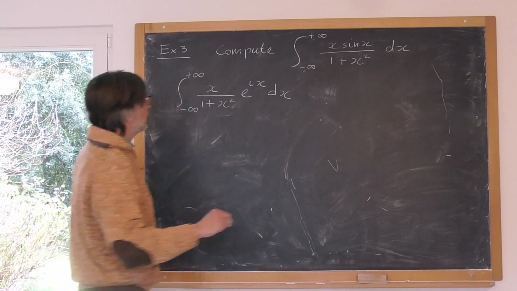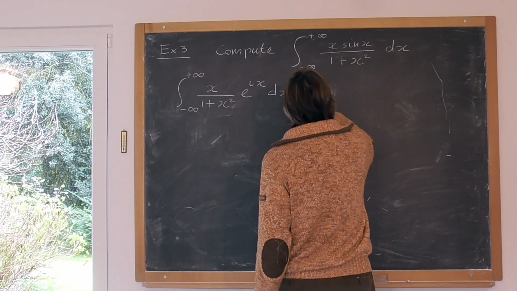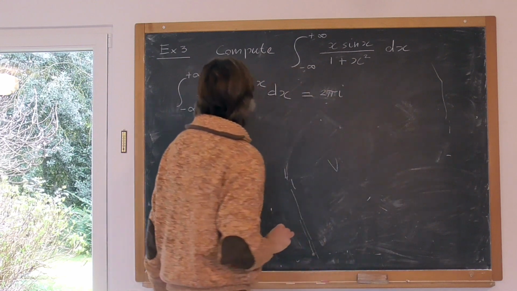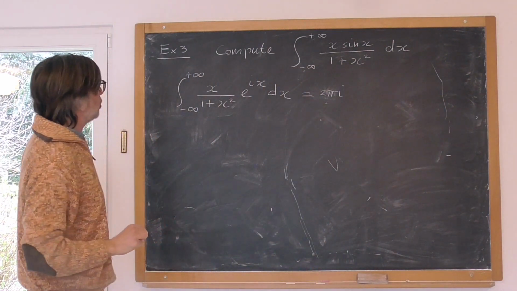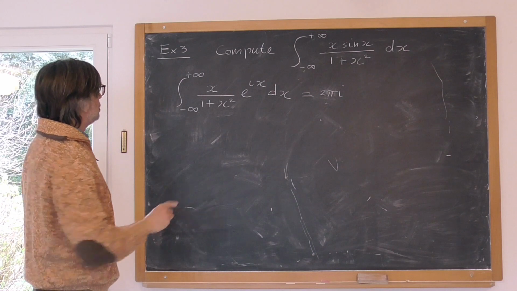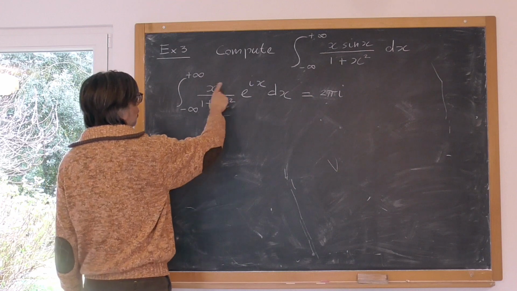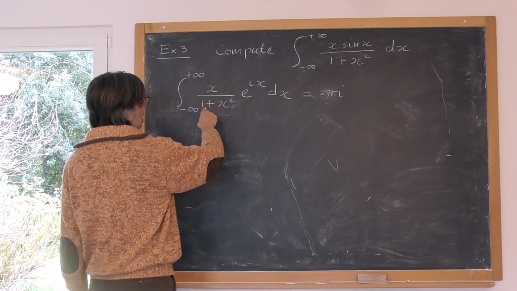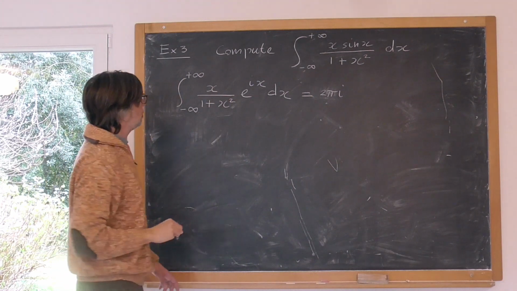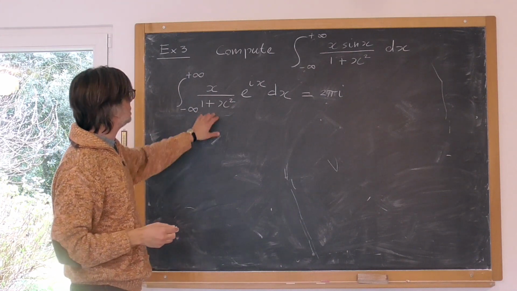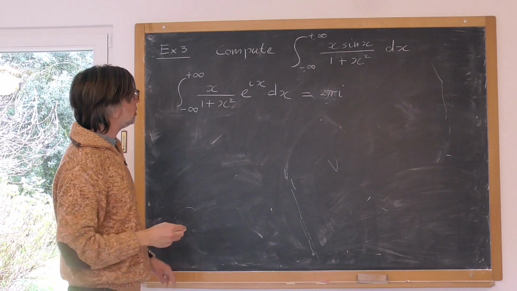So our formula tells us that this is 2 pi i times the residues at the poles of the rational function. This rational function has poles at i and minus i. These are the zeros of the denominator.